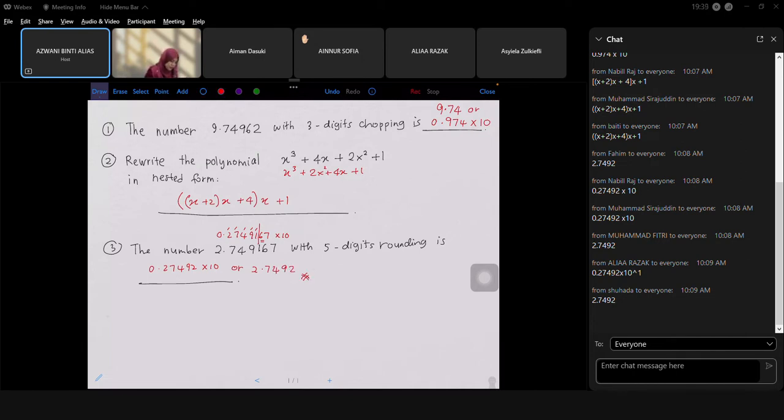Okay, so the last question. The accuracy refers to how closely a computed or measured value agrees with the exact value.